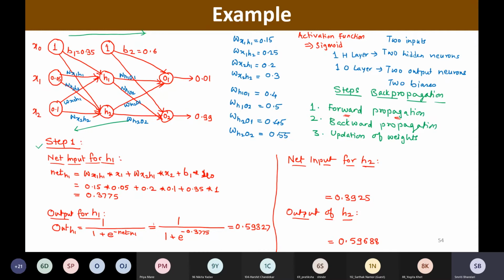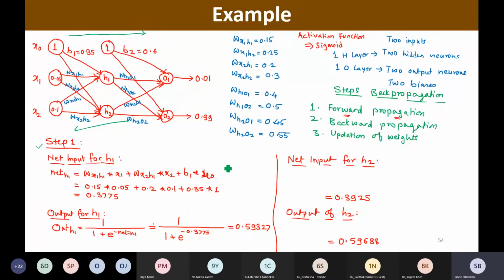We computed net input for this H1, that is the hidden neuron. Also, we computed the output produced at this neuron H1. Similarly, we computed the net input for this H2, and also the output of this hidden neuron H2. So we have followed the process.